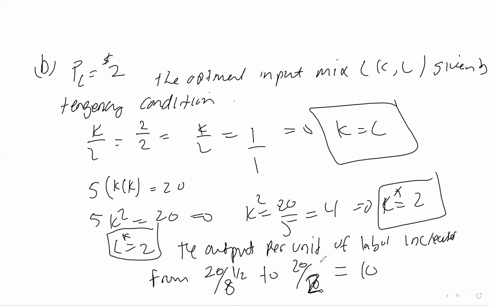So 20 over 2 is equal to 10, because that's the level of labor we have. So therefore, that's 10. So this is your answer, and see you next week.